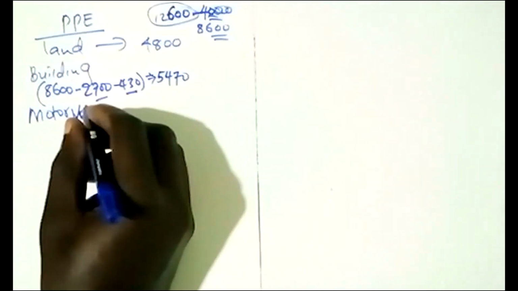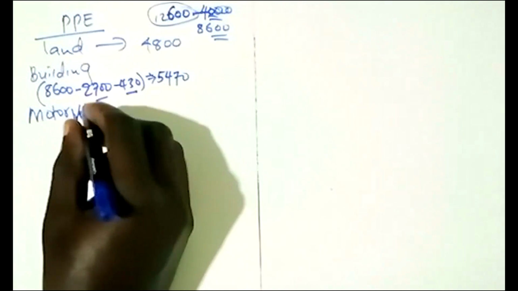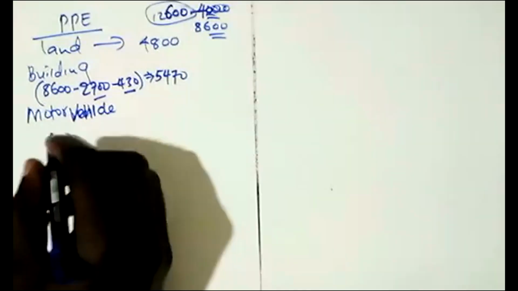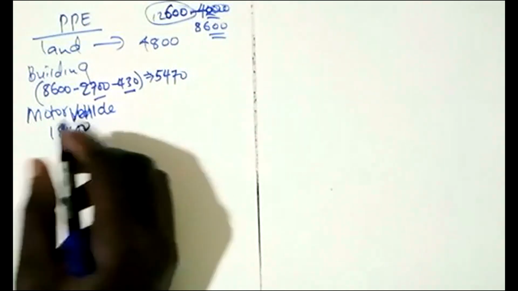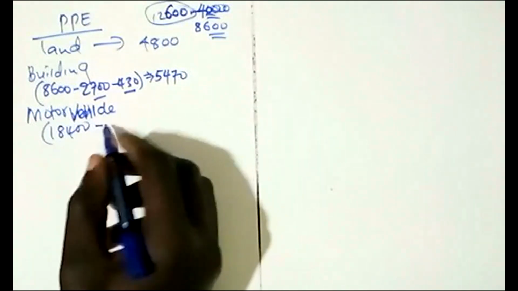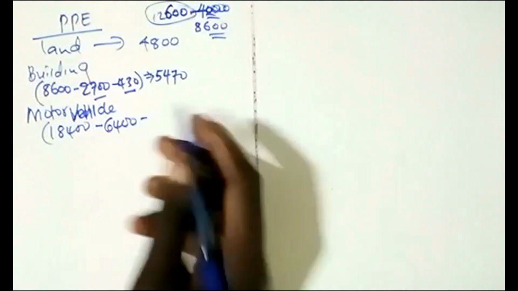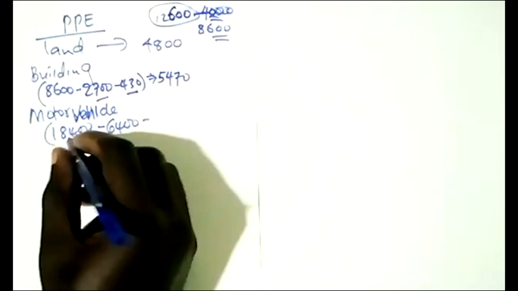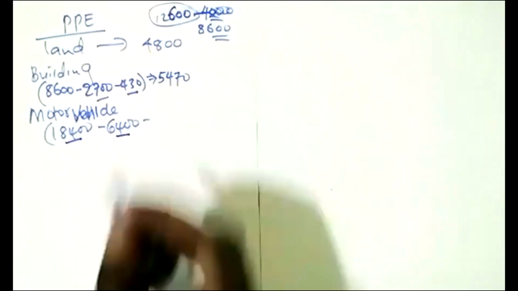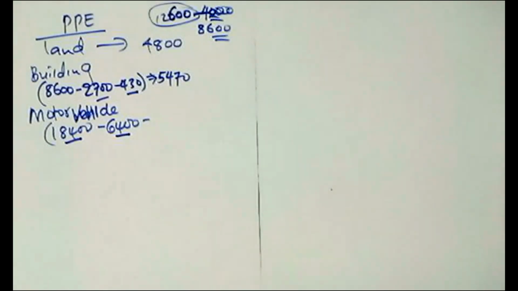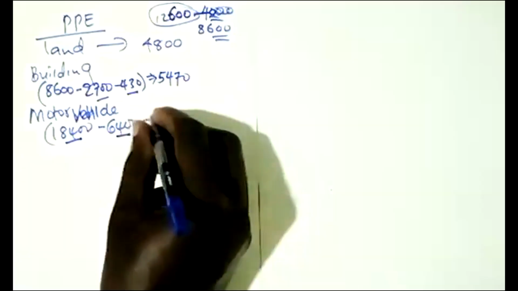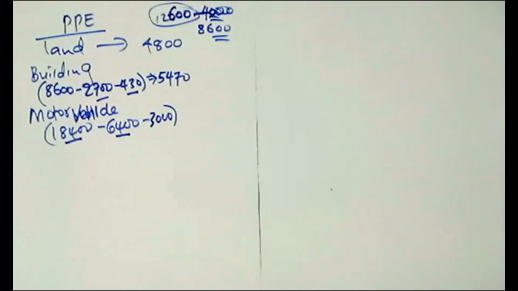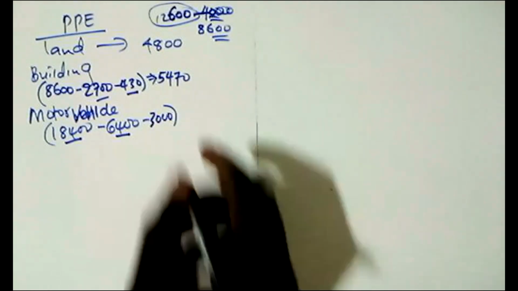So motor vehicle, the total value was 18,400 from the trial balance. Accumulated, I can see 64. Depreciation for the year we got is 3000, because I've taken the value minus accumulated depreciation. So you deduct that 3,000, and you remain with 9,000.